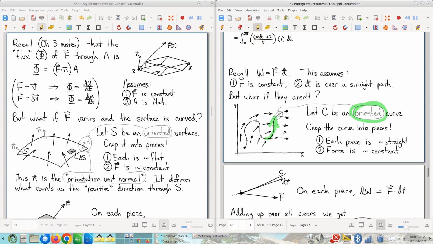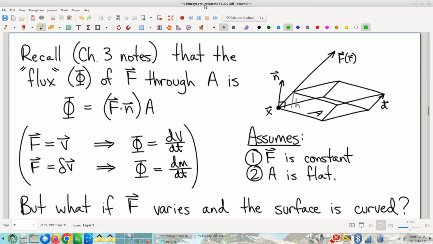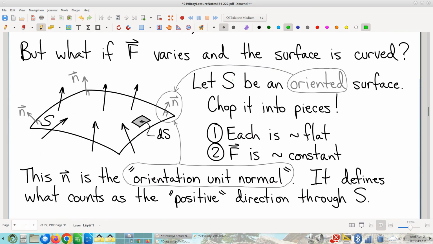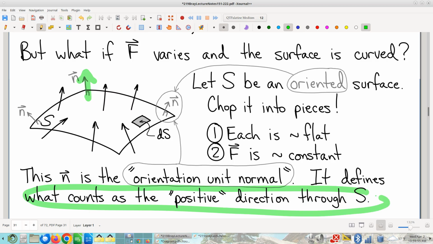Okay. Something very analogous is going to come up here. And that is, I've got to indicate which direction I want to consider to be the positive direction through the surface. Here I have it drawn like so. I'm going to say, let's keep track of fluid flowing that way through the surface.